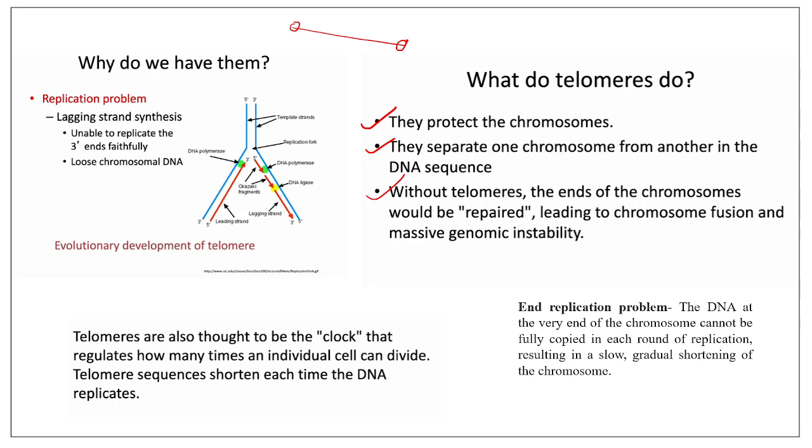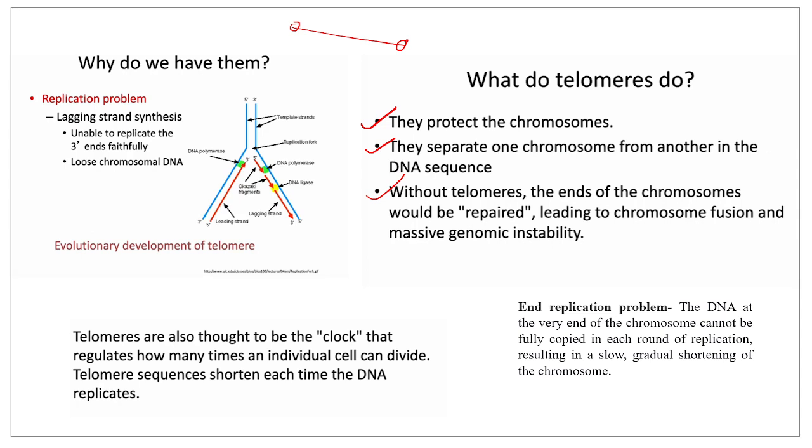Then we come to a very important concept that we are going to deal with in today's class, and that is the end replication problem. What is the meaning of the end replication problem? The DNA at the very end of the chromosome cannot be fully copied in each round of replication, resulting in a slow and gradual shortening of the chromosome.